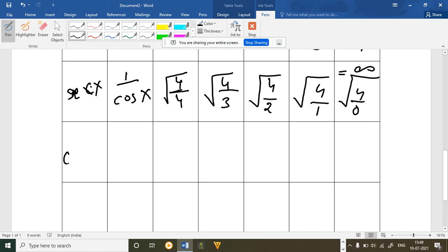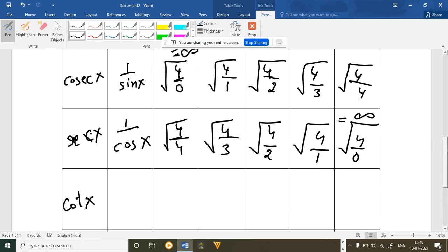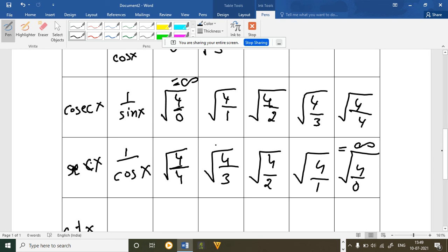And we are left with cot x. This can be figured out by going with the inverse of tan, right?